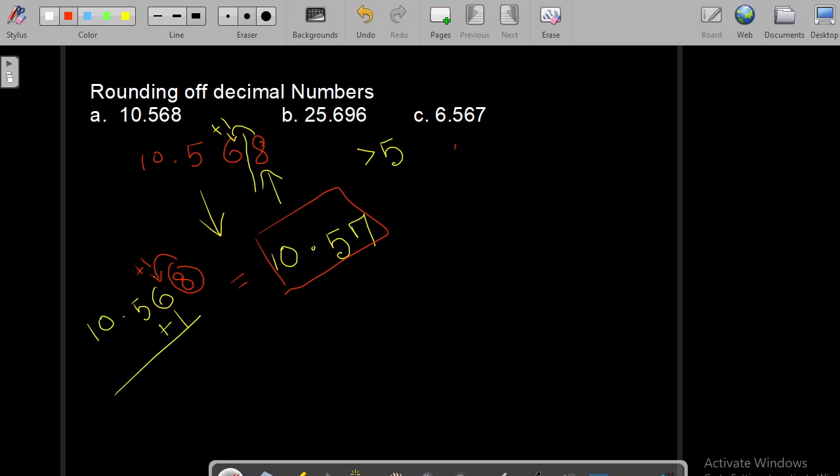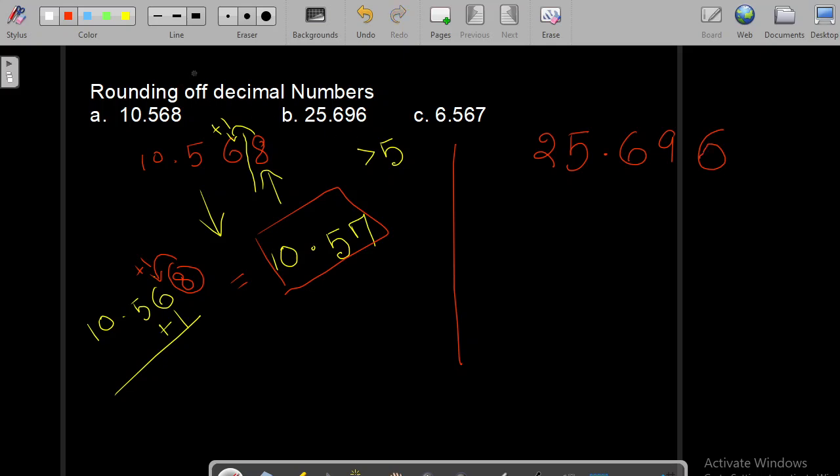I am going to elaborate this rule once again with the help of the second number. The second number given is 25.696, not 25.698. Now I have to round off this number correct up to two decimal places.